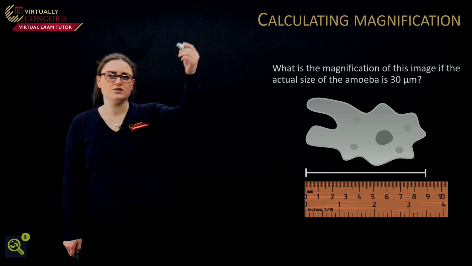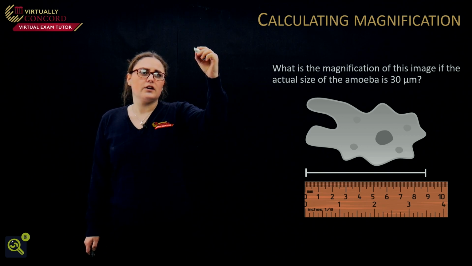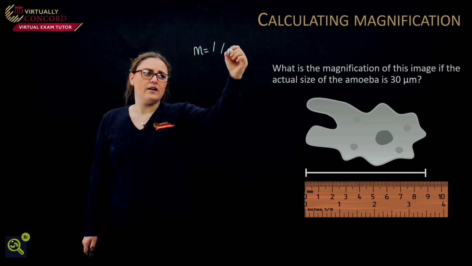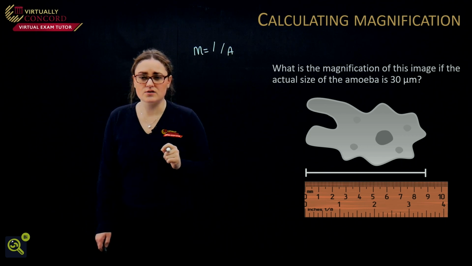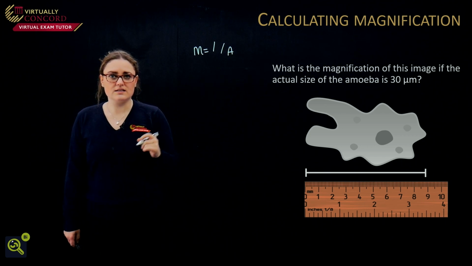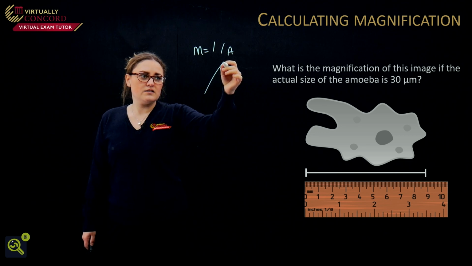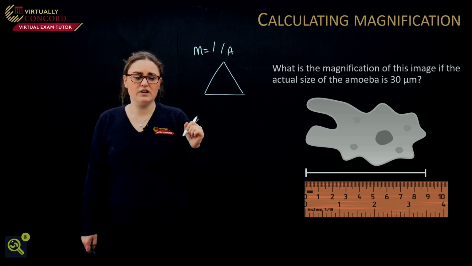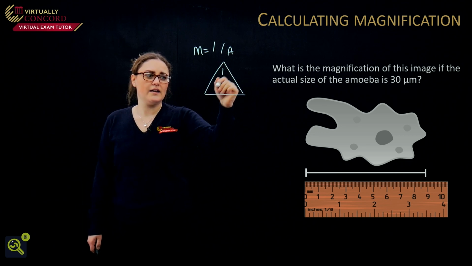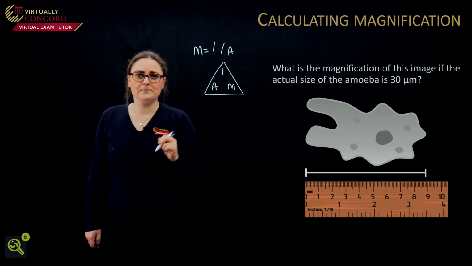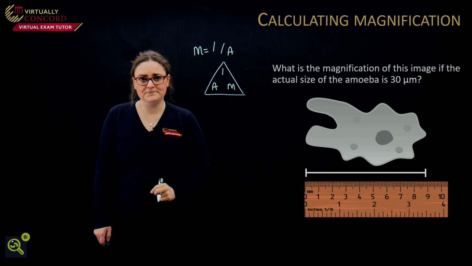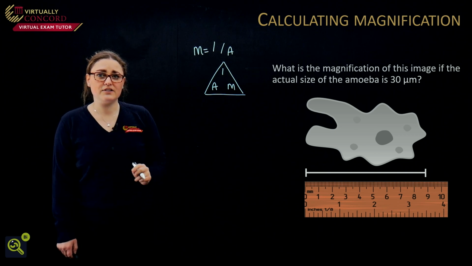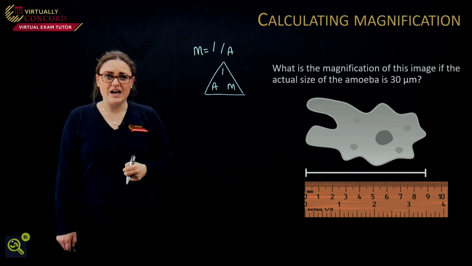So we need that equation: m equals I over A. Magnification, image size, actual size, sometimes also called object size. And this fits into a nice triangle to help us rearrange that equation, called the I triangle. We are timesing across the bottom and dividing that way. We are calculating magnification, so we can use this equation at the top.